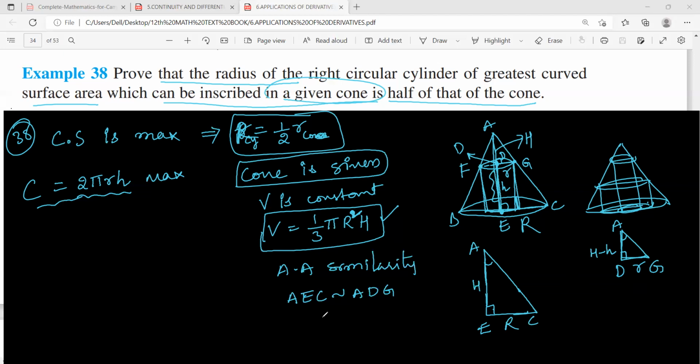Now, H minus small h by capital H, this by this equals small r by capital R. Yes or no? Yes, sir. Now you have the relation between capital H, capital R, small h, small r. From this, what do we need to eliminate?